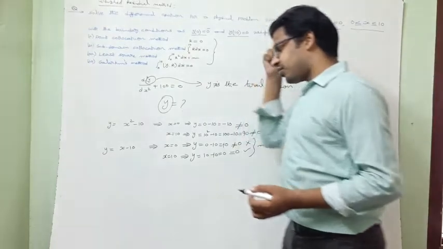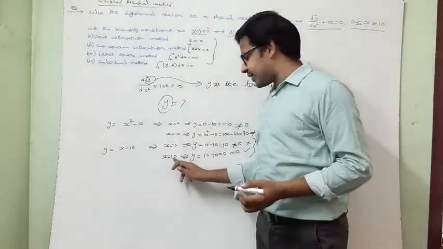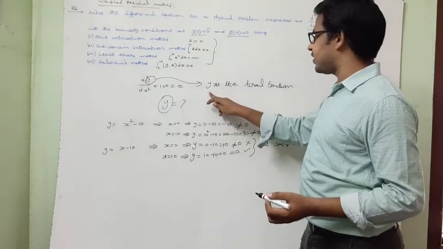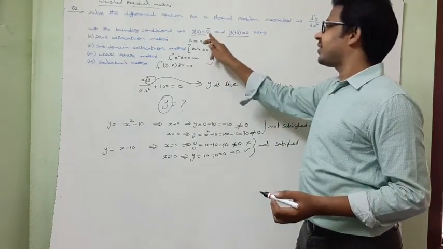Next we have to consider both x = 0 and x = 10 and substitute these values in the trial function, so that it equals 0.